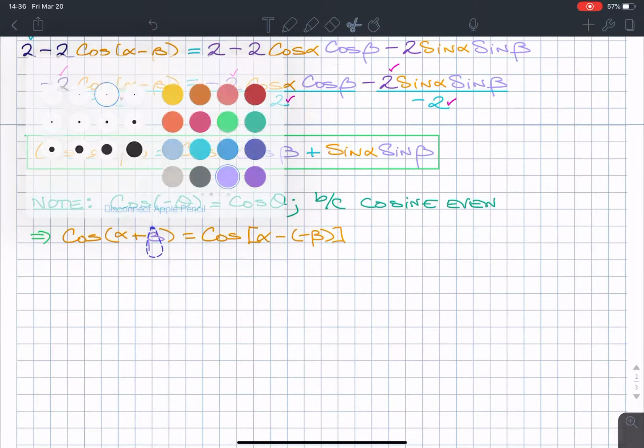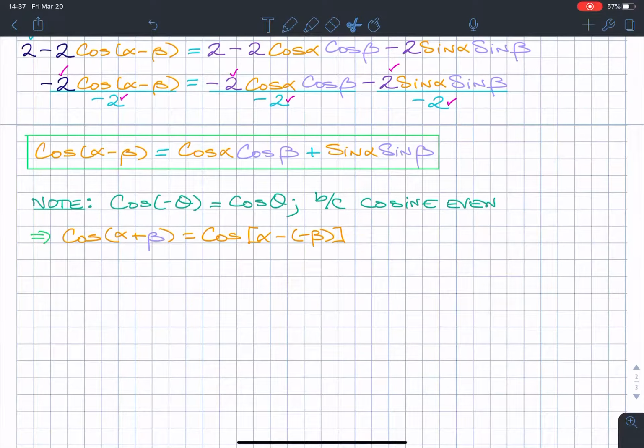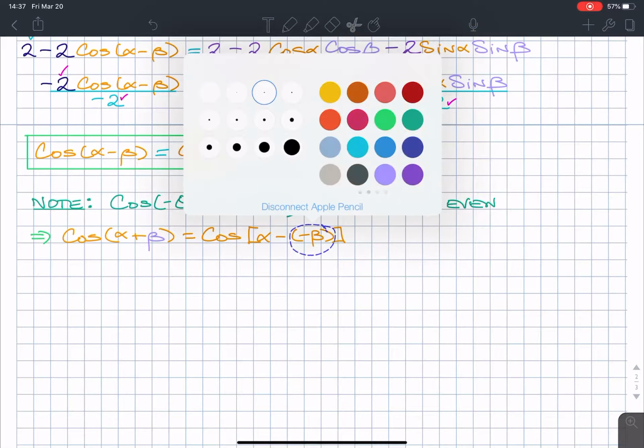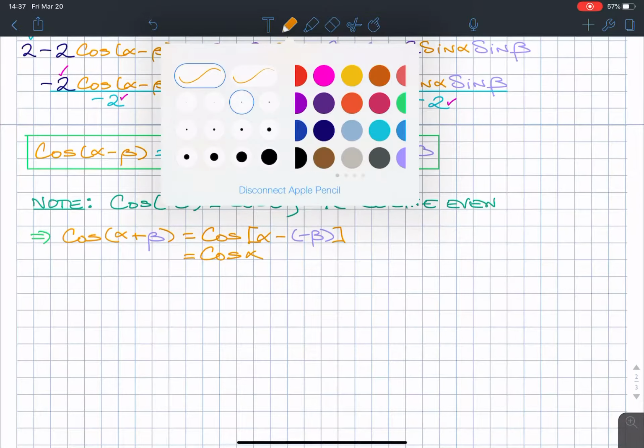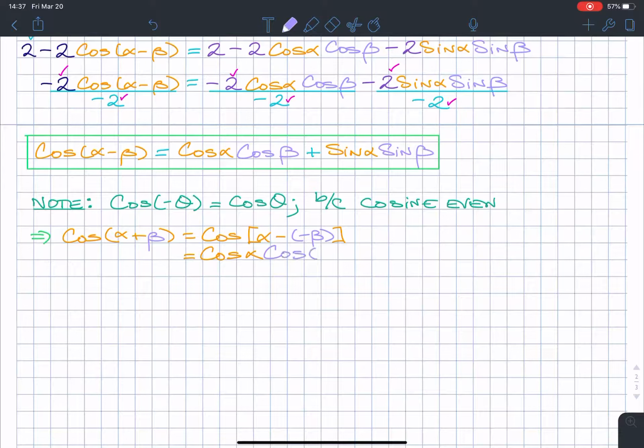Let's call this purple. But I want that to be orange still. Okay, so according to the rule above, should be cosine alpha. Then in purple, cosine of the second guy, which is negative beta. And then plus, let's do sine of the first, alpha, and then sine of the second guy, negative beta.